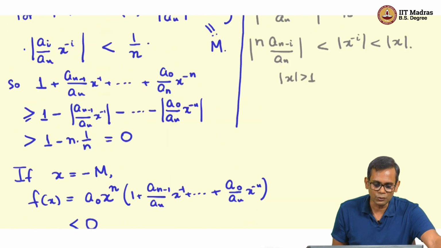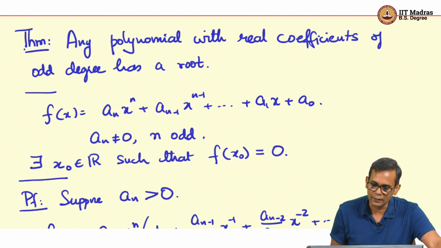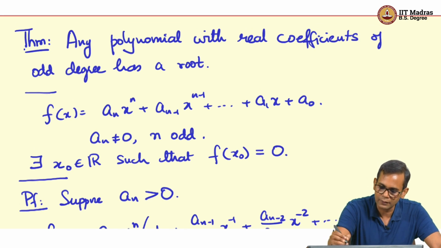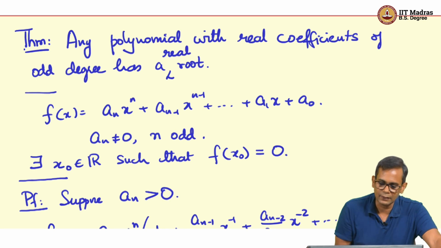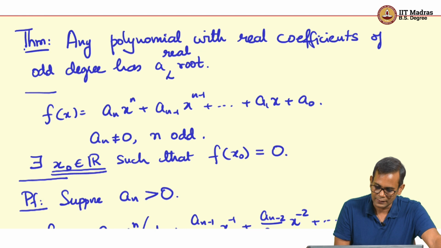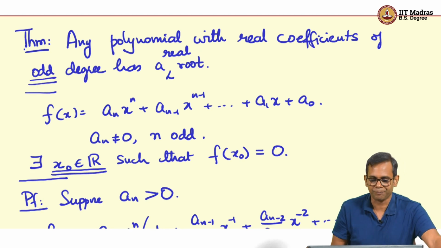It is important to note that all the hypotheses in this theorem are important. So, here I should have said has a real root, a real number x0 in R such that f of x naught is 0, and the other important hypothesis is the odd degree.